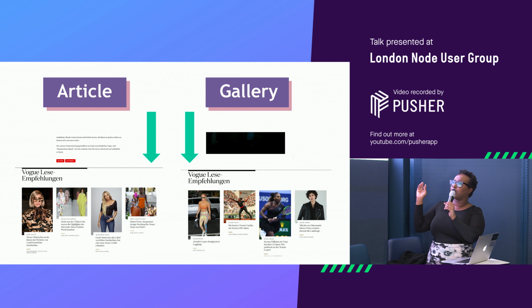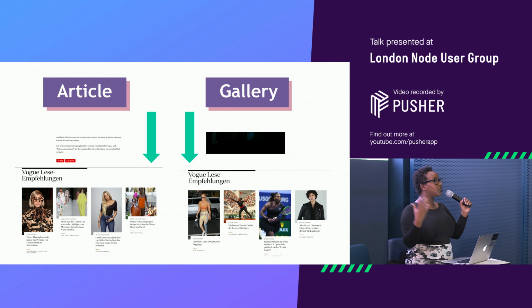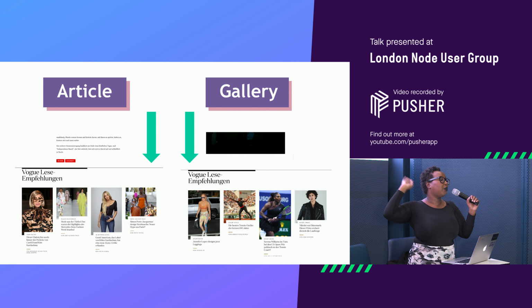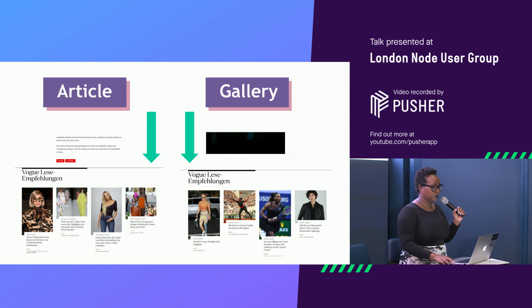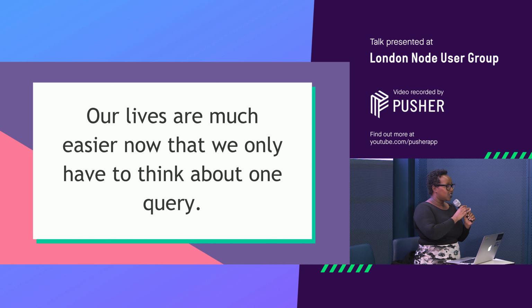We can use the same query to fetch those two data, and if we change the function that resolves this from the content API, it happens seamlessly on both pages. But previously we would have had to replicate the business logic on both of those pages. So our lives are much easier now. We don't have to think about anything. We only have to think about one query.